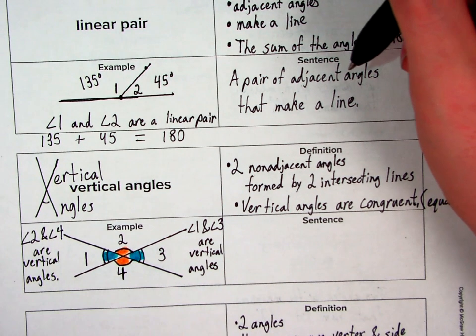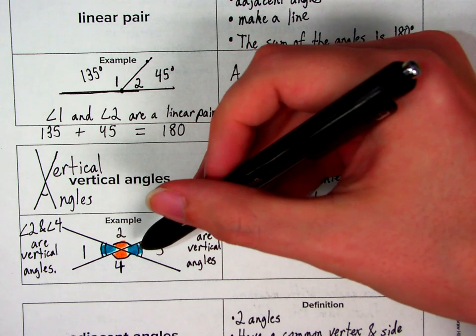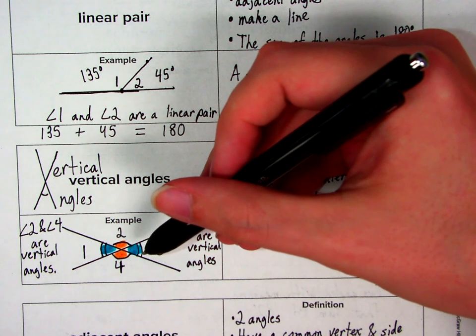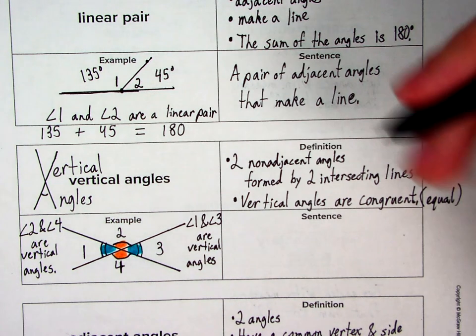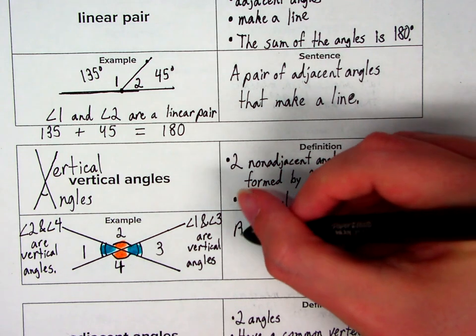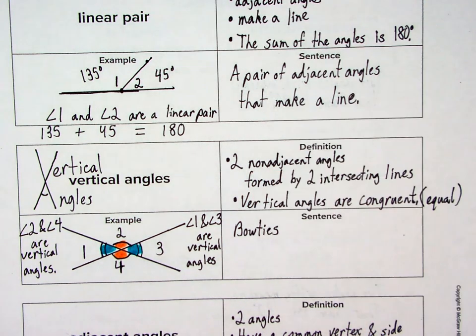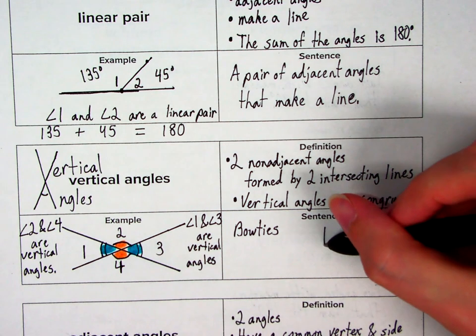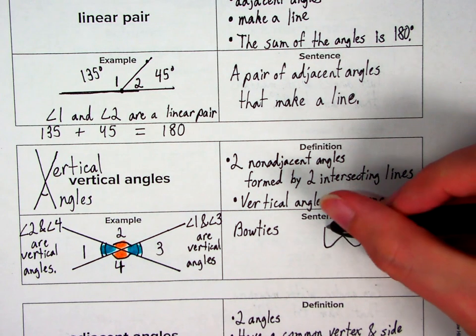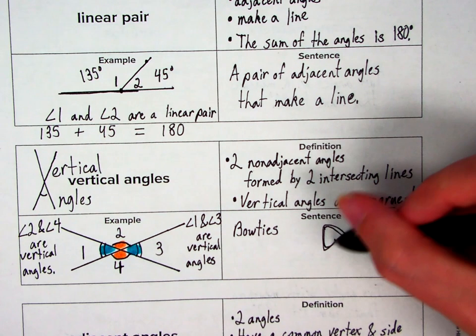Now, we did also come up with a sentence for this. One of our students described our pair of vertical angles as bow ties. Think about your bow tie when you're putting on a tux or tying a bow in your hair. You get two things that are the same on both sides.